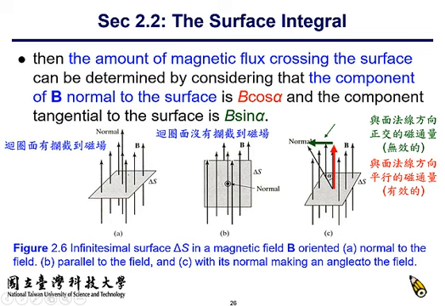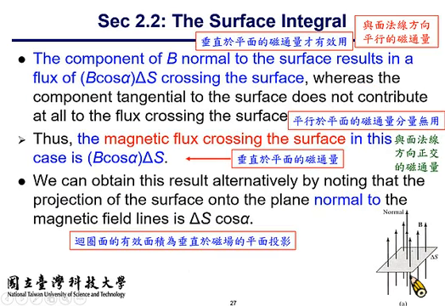On the other hand, if the normal direction of the surface is perpendicular to the field direction, then the background field will produce no effect onto the surface, all right? Okay, so this slide again addresses the effective part necessary to be included in the surface integral.